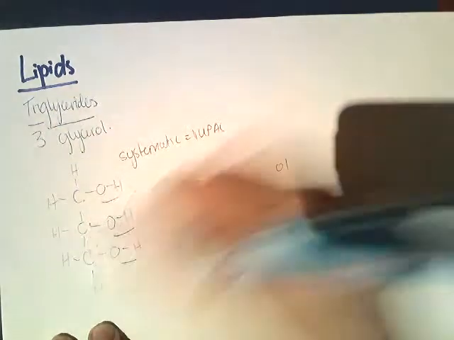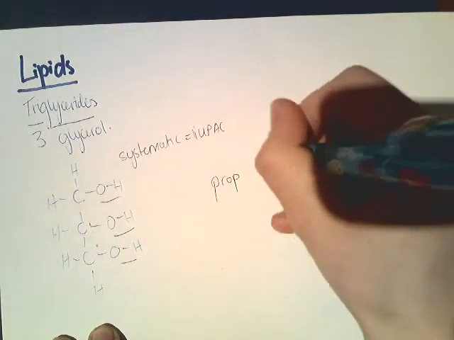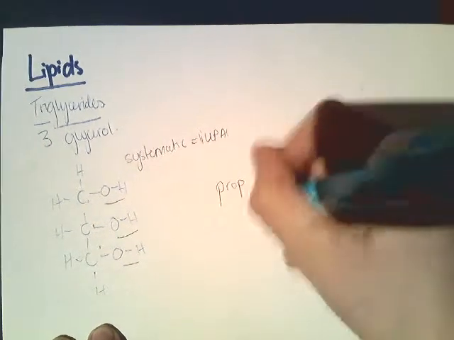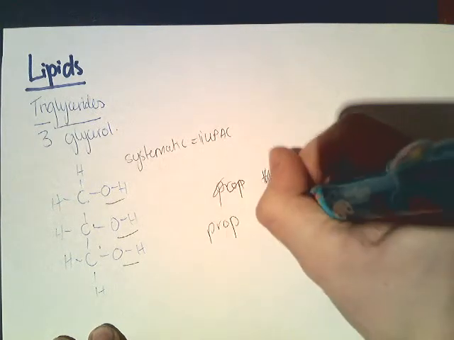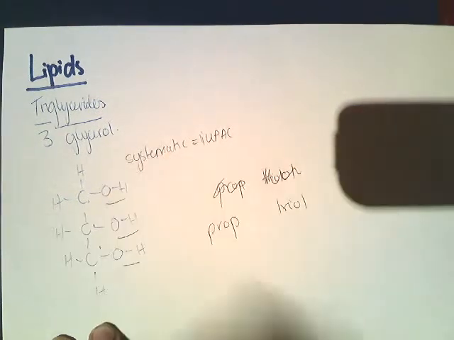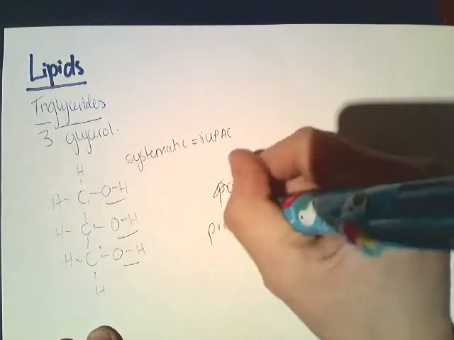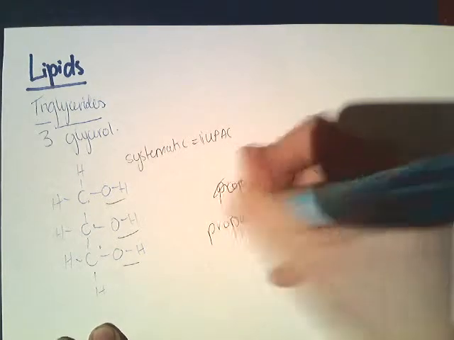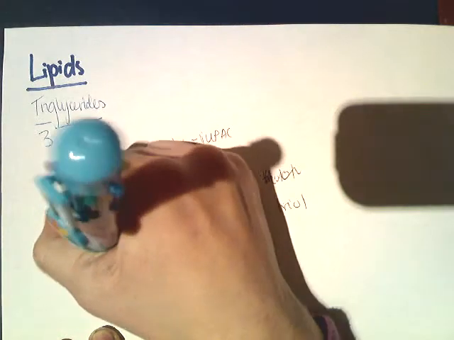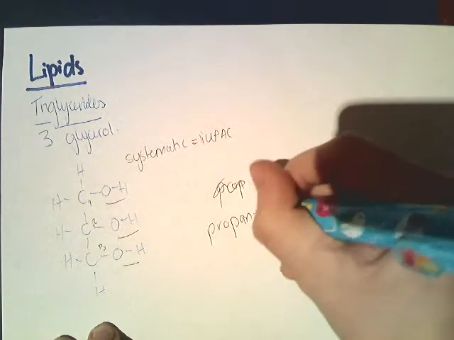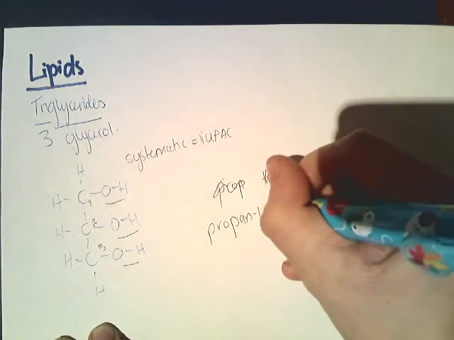And then there are actually 3, so it's a triol. There's no double bond, so it's a propane. And we have to number their position. So 1, 2, 3. Propane 1, 2, 3 triol.